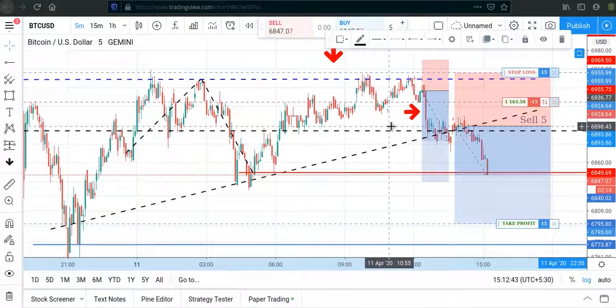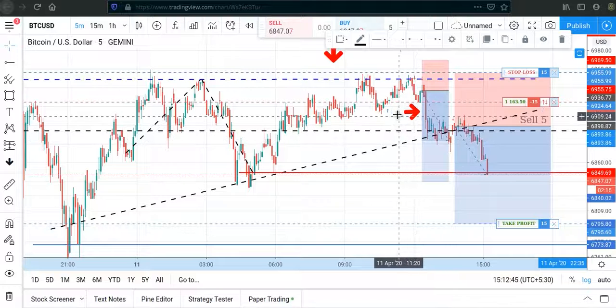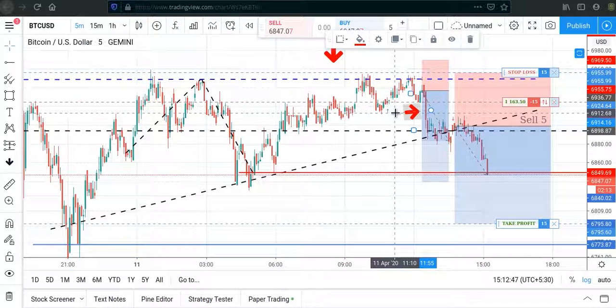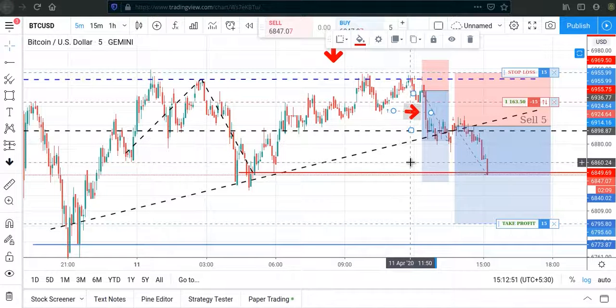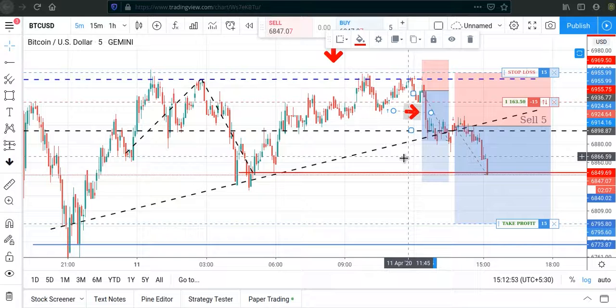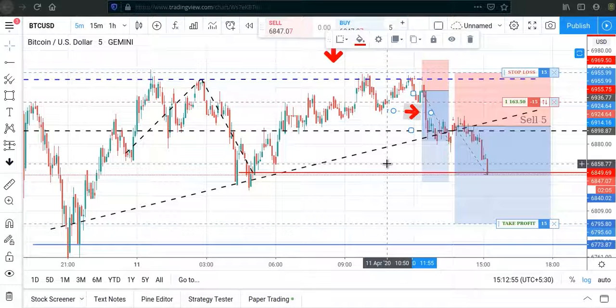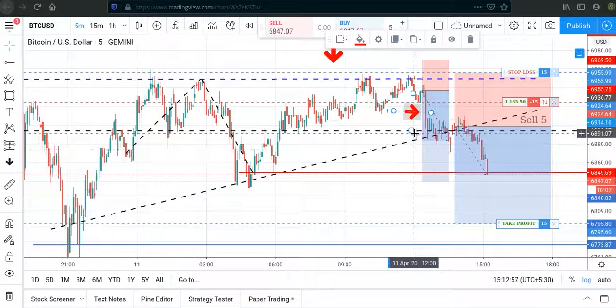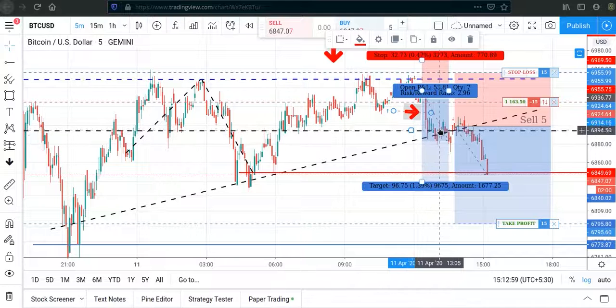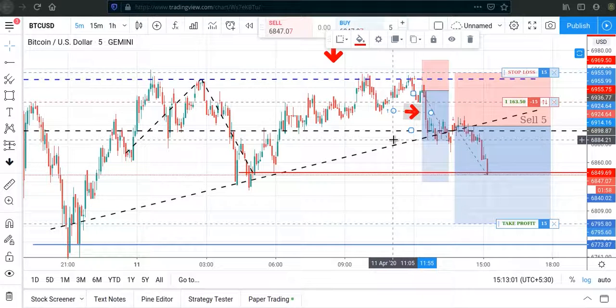Instead of taking partial profits this time, seeing the strength of this seller, I decided to stay in and watch closely how it reacts around this area. The reaction wasn't very strong, so I decided to hold the full position.